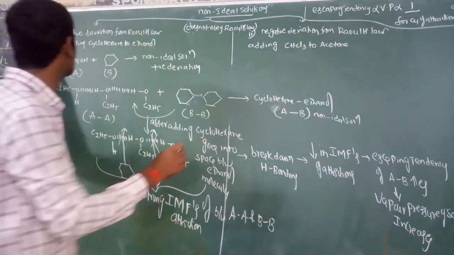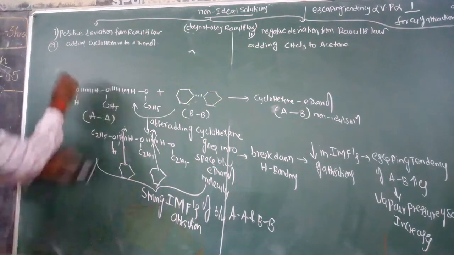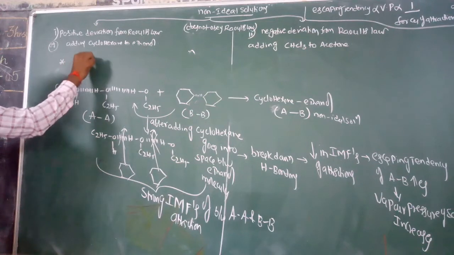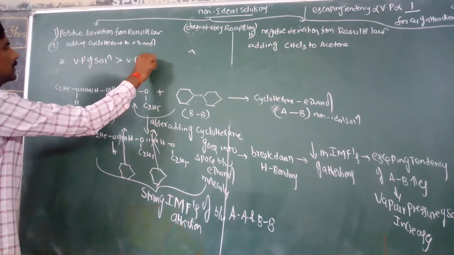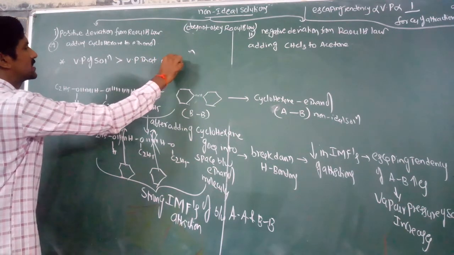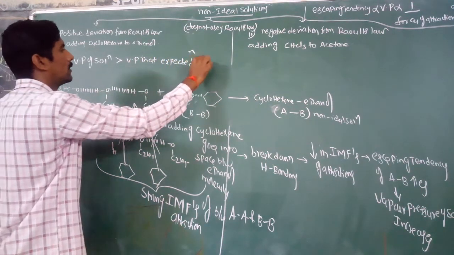The meaning of positive deviation is that the vapor pressure of solution is more than the vapor pressure expected from Raoult's law.